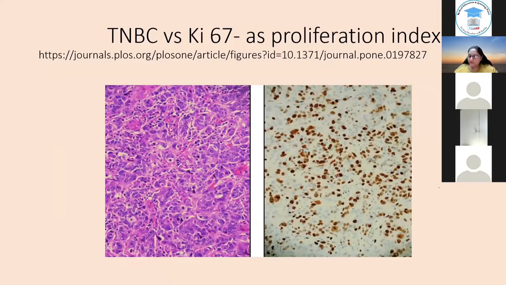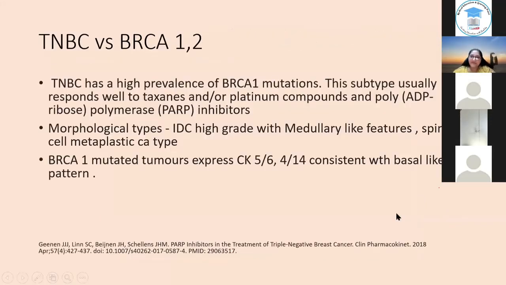We always write ER positive or negative, PR positive or negative, HER2/neu 1, 2, or 3+, and Ki67 in percentage. Recently, when I was signing out a breast cancer report, I found Ki67 was 19%, 20%, sometimes 10%. So we always write the percentage of Ki67. This is one proliferation marker which has come into routine practice, and we always do that.